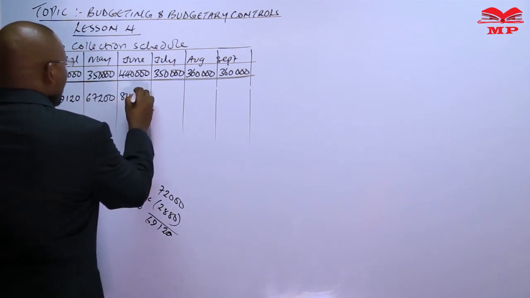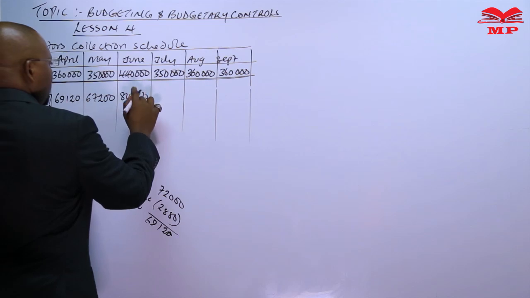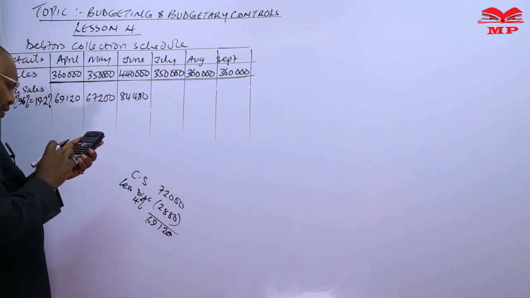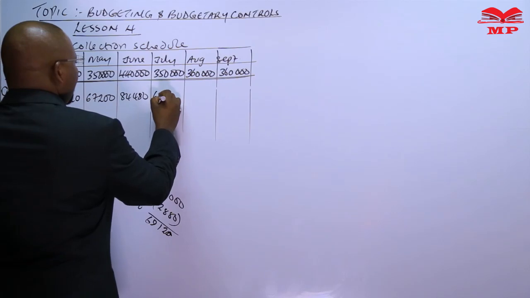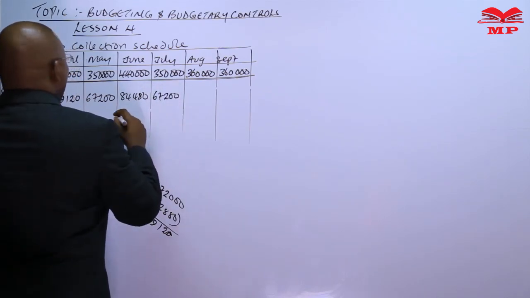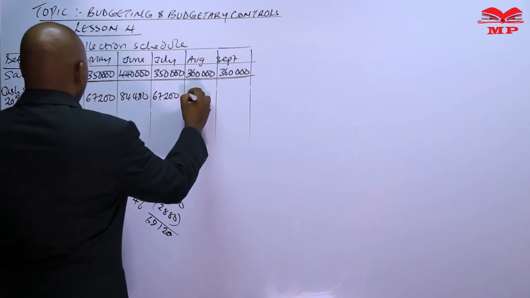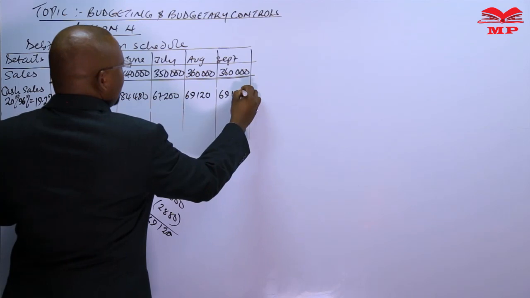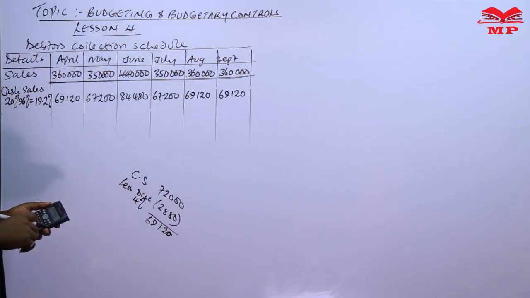This is 84,480. 0.192 times 350,000 is just like what we found here as 67,200, while 0.192 of 360 is just like this one, 69,120, for the same sales, as you can see. That is now about cash sales.